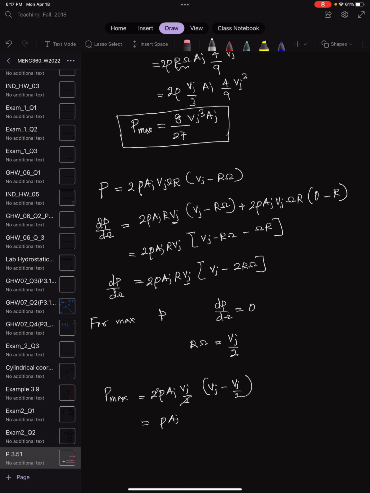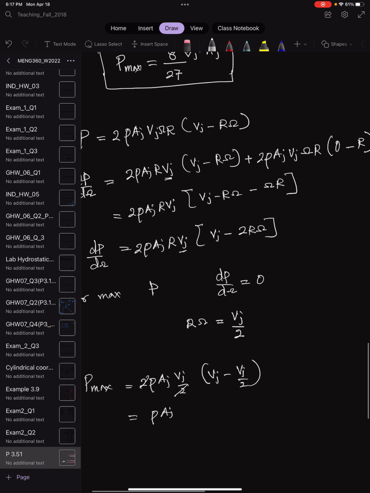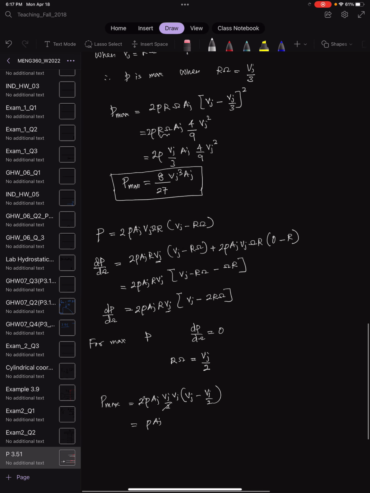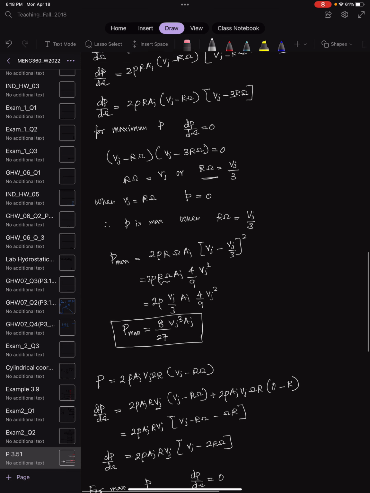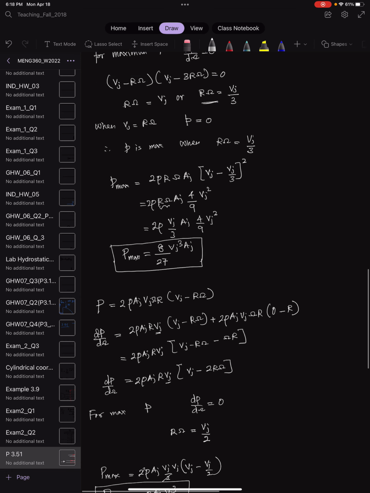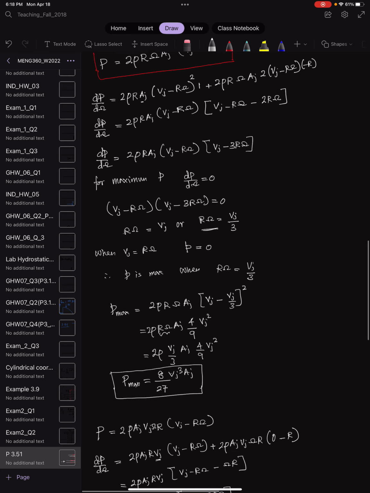So you can write rho aj vj squared times vj, so p max is rho aj vj cubed divided by 2. So that's the maximum power obtained in that case. Okay, so that's the answer.